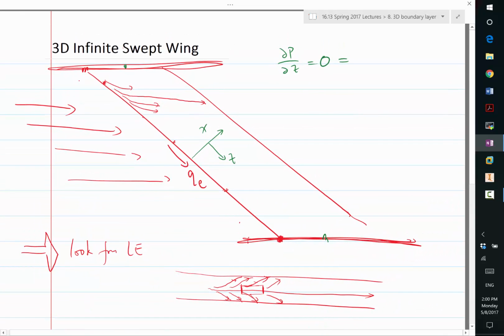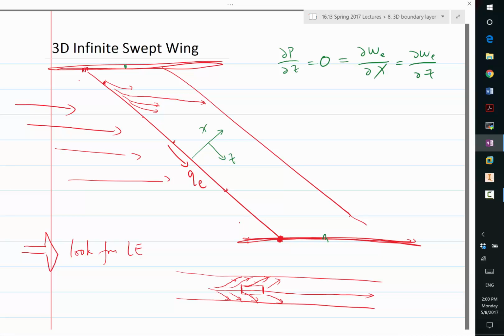So we has 0 derivative in the x direction, and of course it has 0 derivative in the z direction. So what does that mean? we is the same everywhere, right?